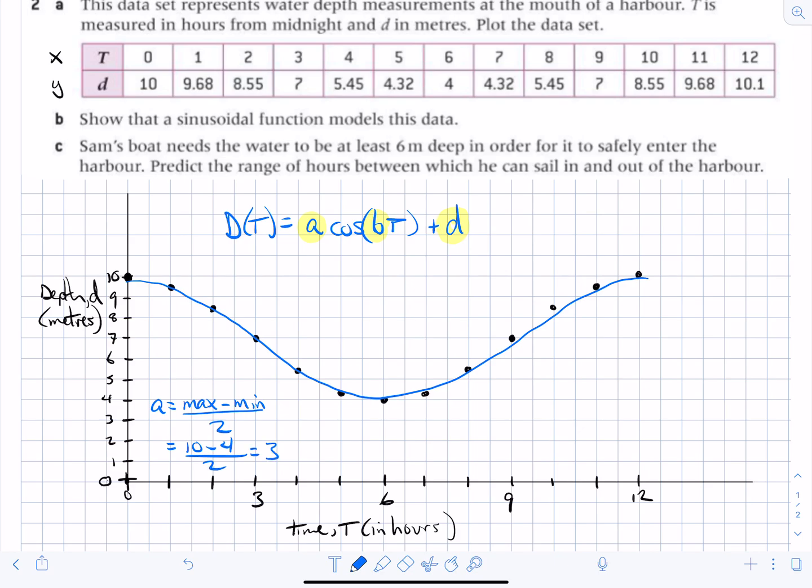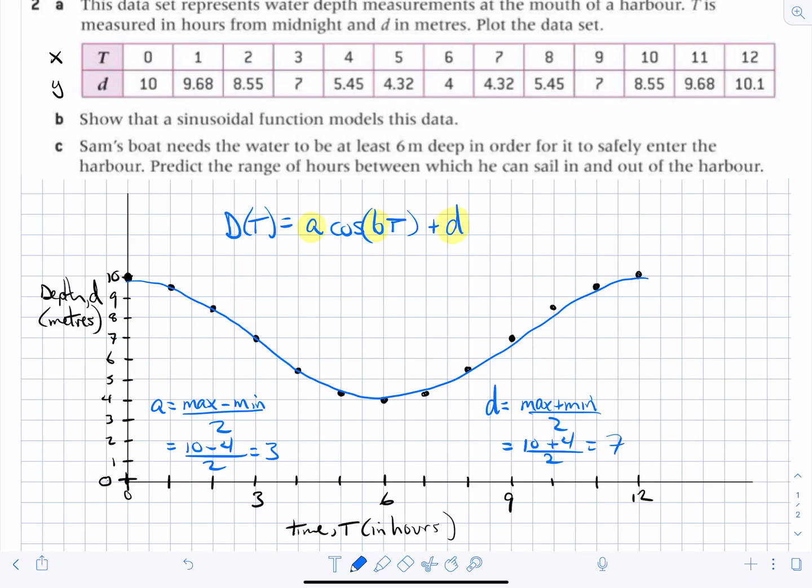Okay? So that's one down. Let's get D. I always like D because it's fairly straightforward. That's going to be max plus min divided by 2. And that's going to be 10 plus 4 divided by 2, so that's going to be 7.